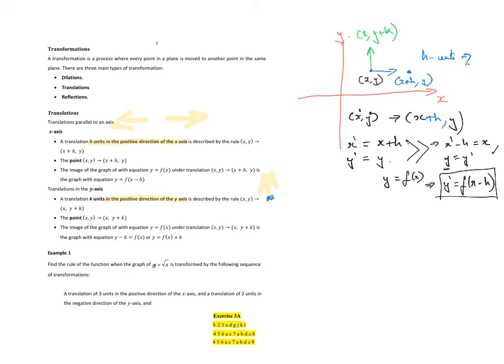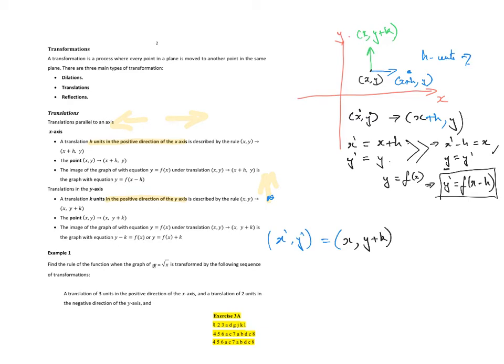Okay, so again, let's come back down in here. So let's pick our new x value and our new y value. What do they become? Well, the new x value simply becomes the old x value, it doesn't change, and the new y value becomes the old y value plus k units.